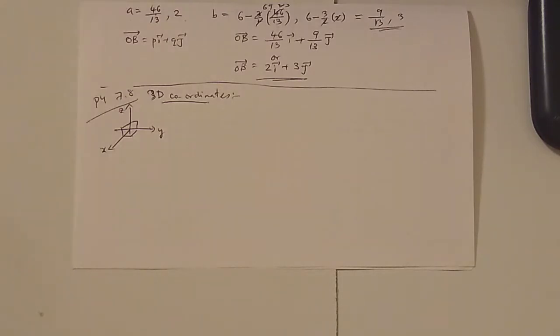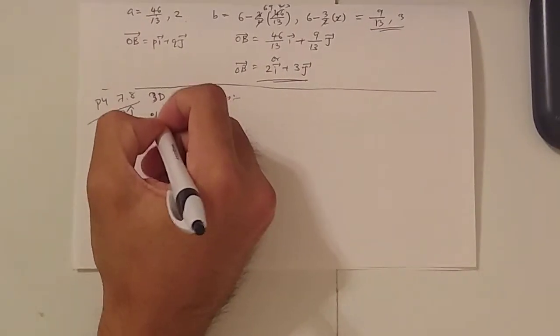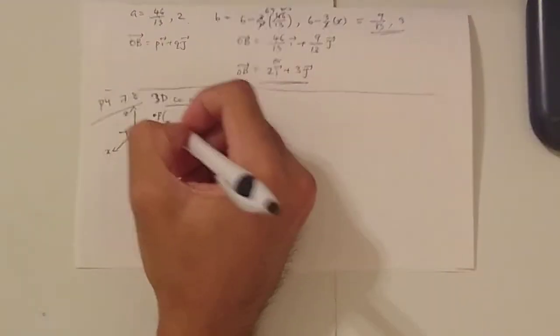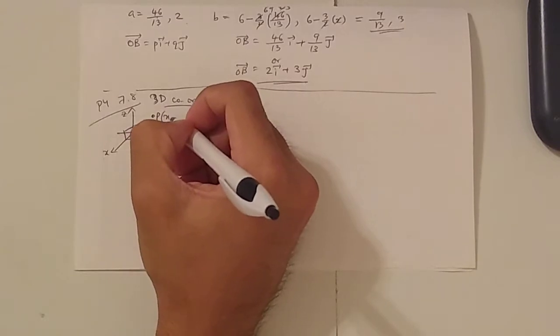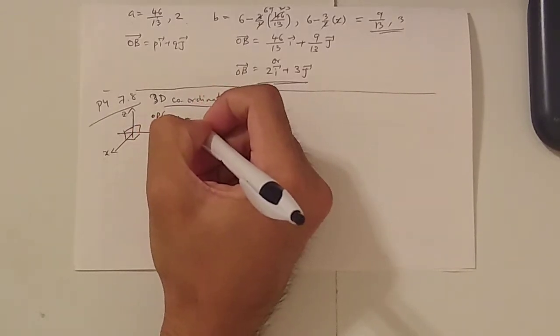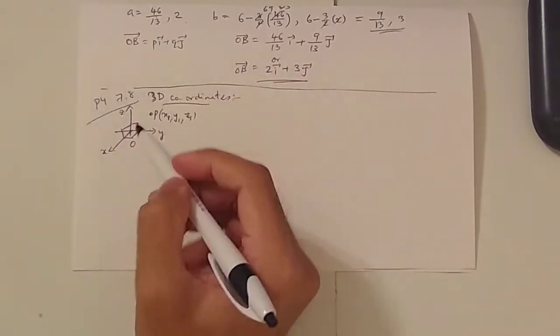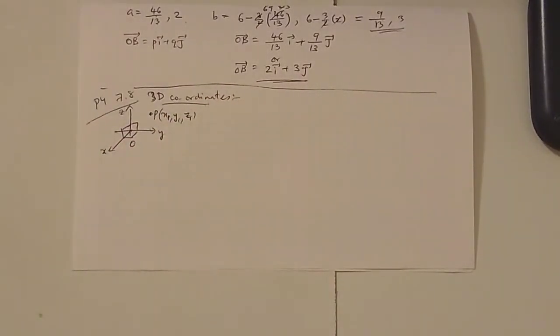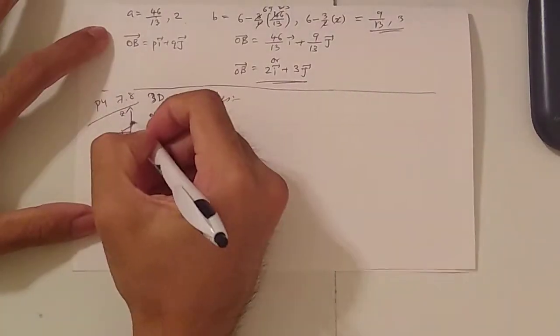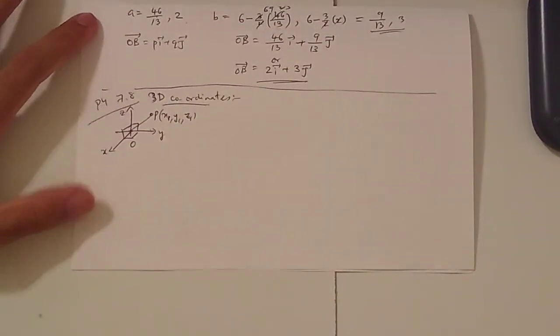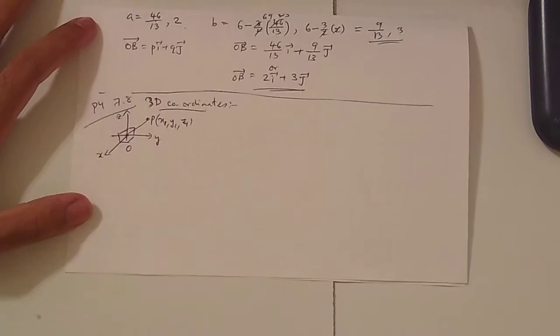If we have a point, let's consider a point P, which has coordinates x comma y comma z, that's x1 comma y1 comma z1, and we have the origin O for the 3D coordinate space, and you want to find the distance OP, it is simply the Pythagoras theorem in 3 dimensions.